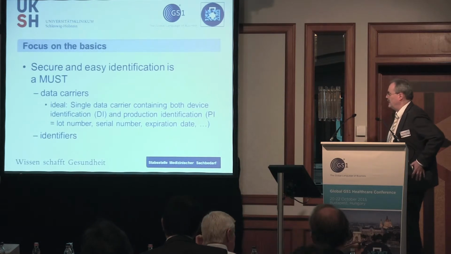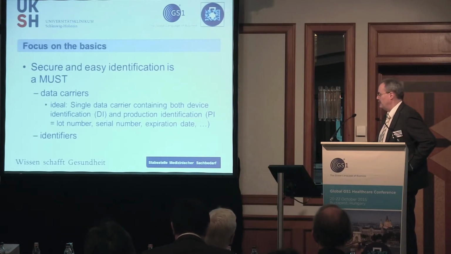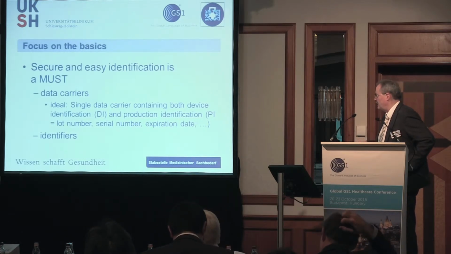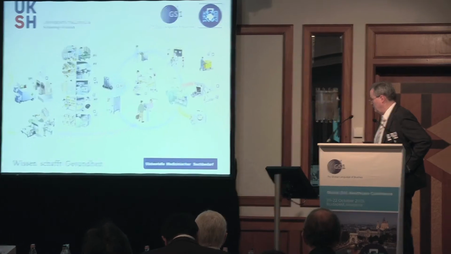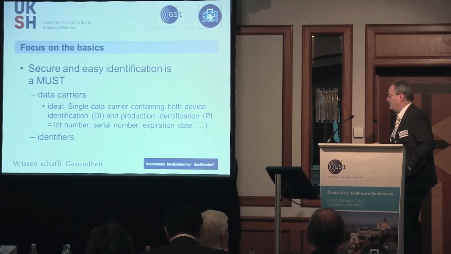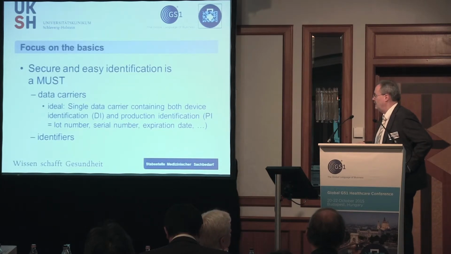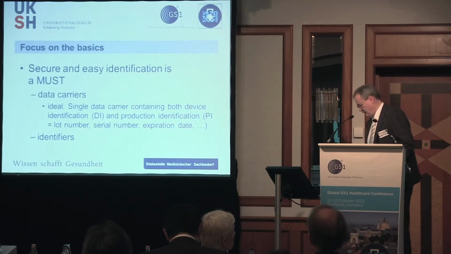We need good data carriers, and we have to motivate the industry, the suppliers, to provide single carriers. Single carriers containing both the device identification and the product identification in one carrier. And of course we need identifiers.